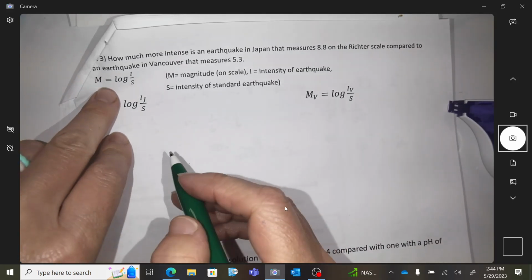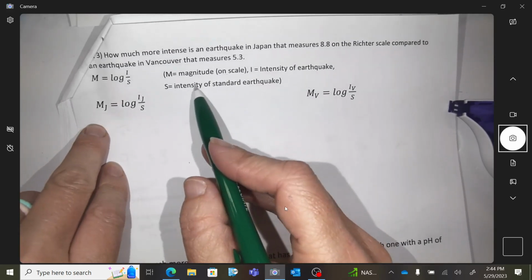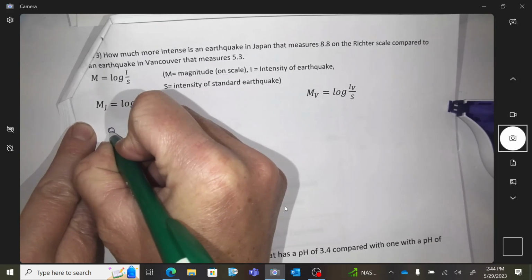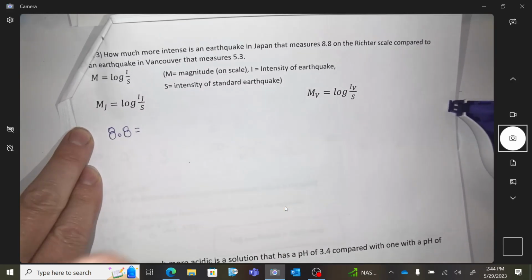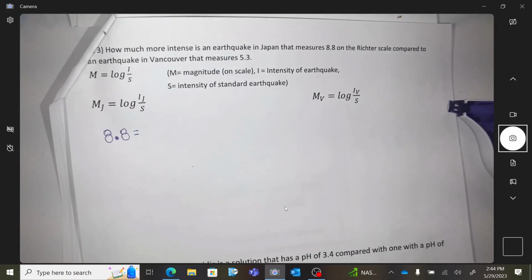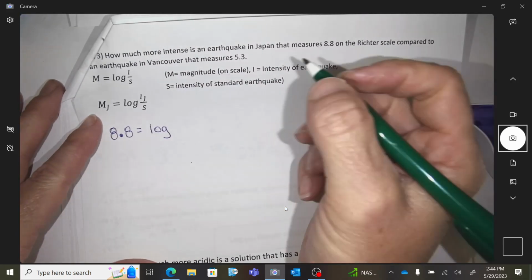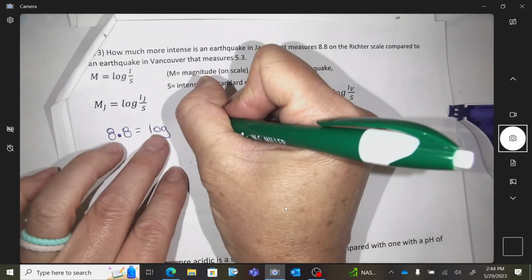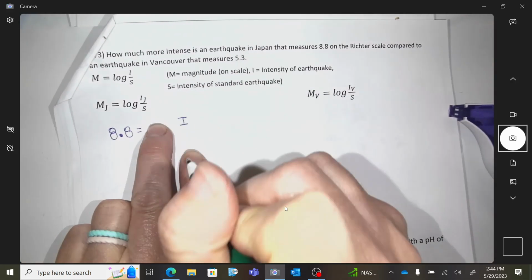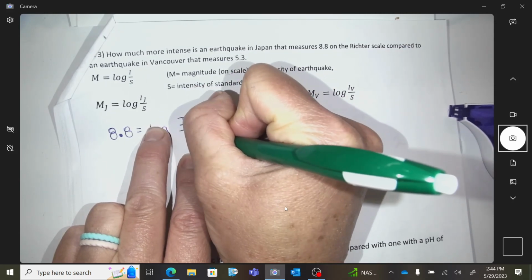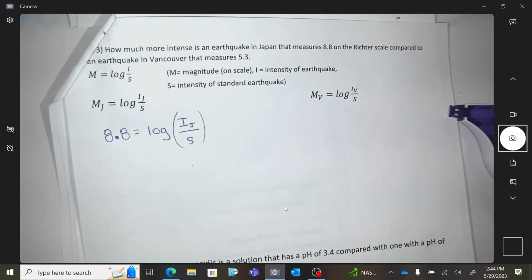Okay, magnitude. So the magnitude on the scale, 8.8, equals log of the intensity of the Japan earthquake divided by the standard.